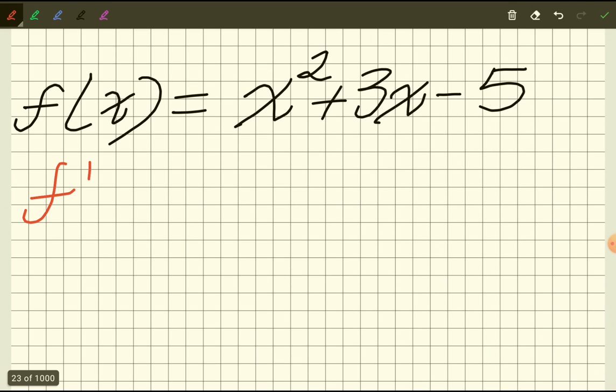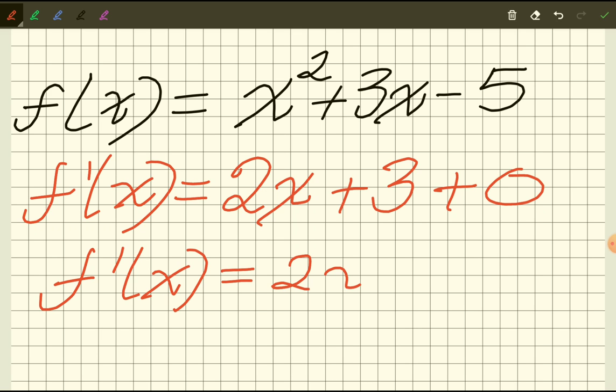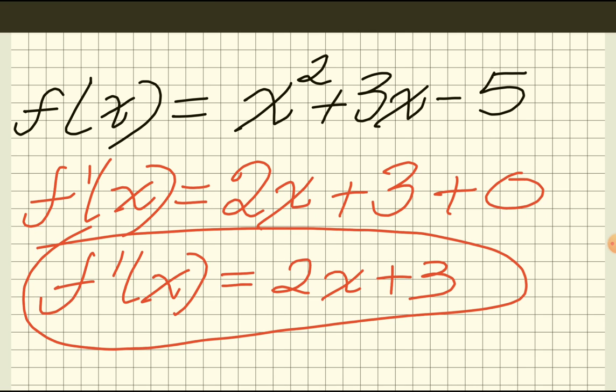And so without further ado, f prime of x, the first derivative, is 2x plus 3. Really, it's plus 0. So really, all it is is 2x plus 3. And you're done. And that's really it for this week, at least for simple differentiation.